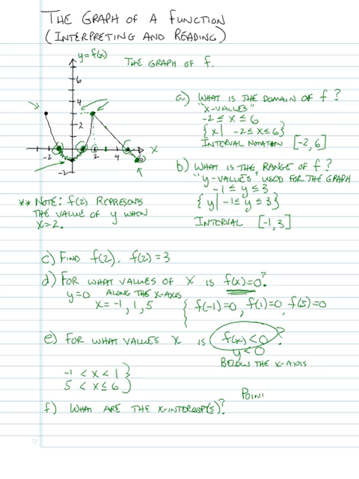Now, you'll have to be careful about your particular book or your particular homework assignment. Sometimes we list x-intercepts as points and sometimes as just numbers. But I'm going to list them as points. So the x-intercepts are the points at which the graph crosses the x-axis. And there are 3 of those points I've just circled up above.